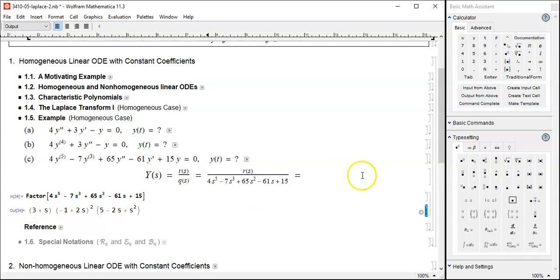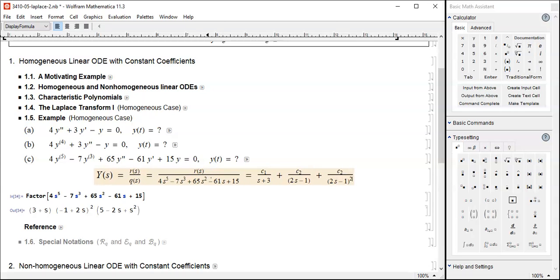So we have a linear factor, so C1 over S plus 3, okay. C2 over, here's another linear factor, 2S minus 1, and C3, and then I'm going to use 2S minus 1 again, because this goes to the 2nd power.